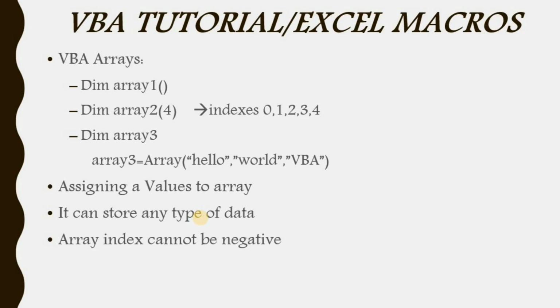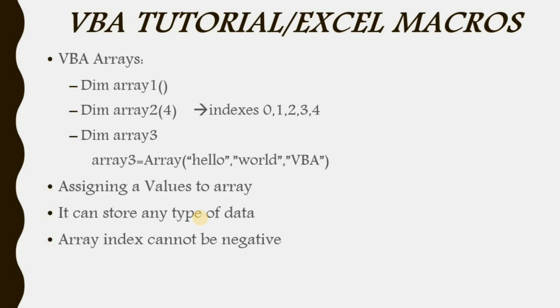I mentioned all three strings for that particular array with the size of 2. If you want to initialize array3 with all data types like string, integer, decimal, whatever it may be, you can also do it in a single array. That is the beauty of VBA. And these are all three types of array initialization.